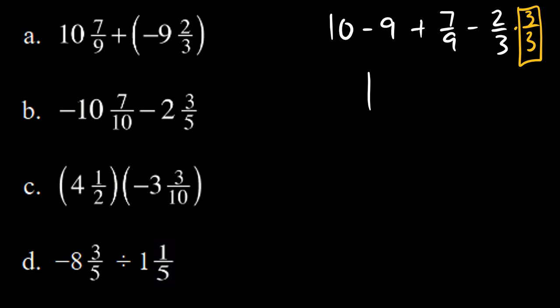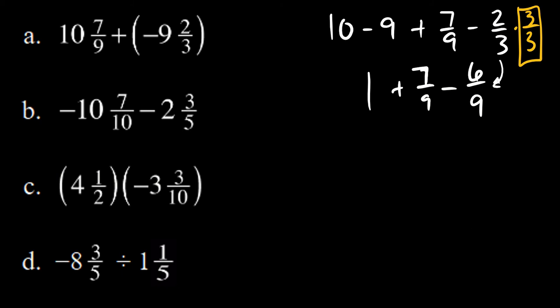So I'm going from 2/3, and when I do that, this becomes minus 6/9. 2 times 3 is 6, and 3 times 3 is 9. So this 2/3 becomes 6/9 when I multiply it by the giant 1 of the form 3 over 3.